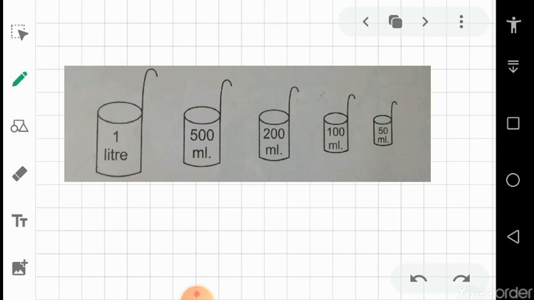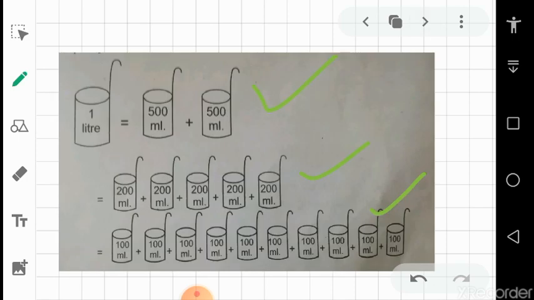Now in this picture the highest capacity is 1 liter, then the smaller is 500 milliliter. This ml stands for milliliter. Then 200 ml, 100 ml and 50 ml. There are even other smaller containers. So let's take them one by one.